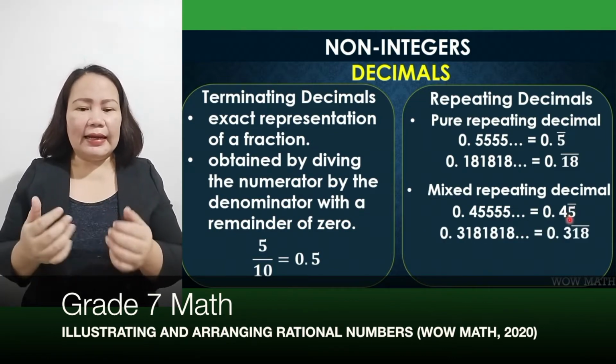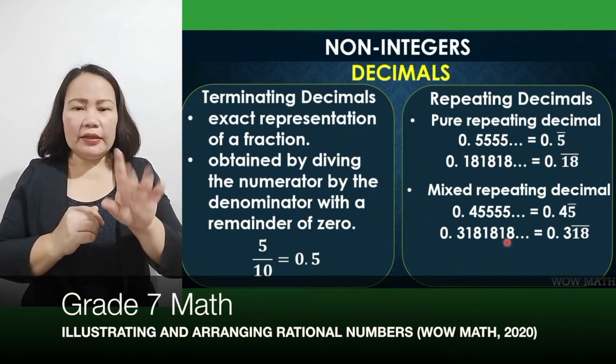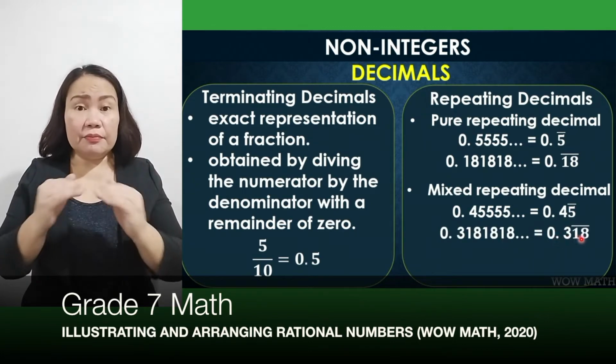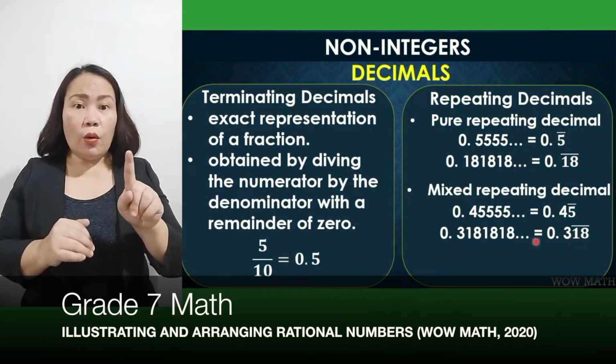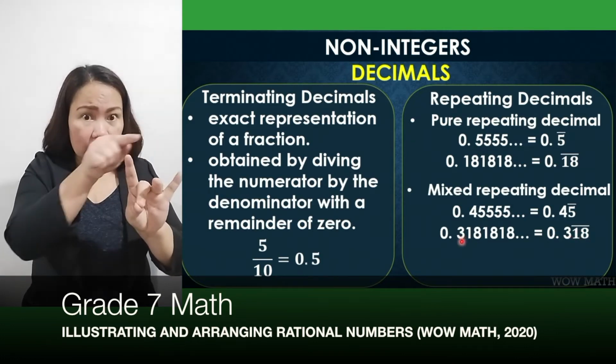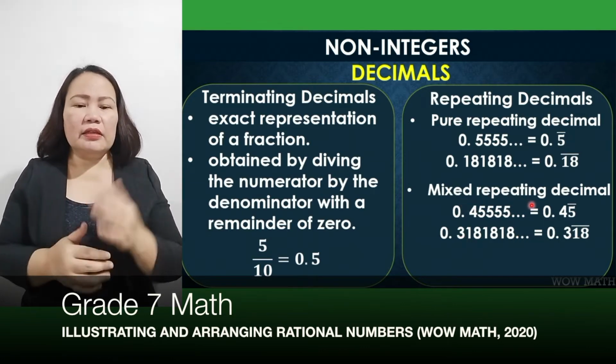Another example, I have 0.3181818. Ganun din, I'm gonna place the bar above 1 and 8. Hindi kasama si 3 kasi si 3 ay hindi naman repeating. These two are examples of mixed repeating decimal.